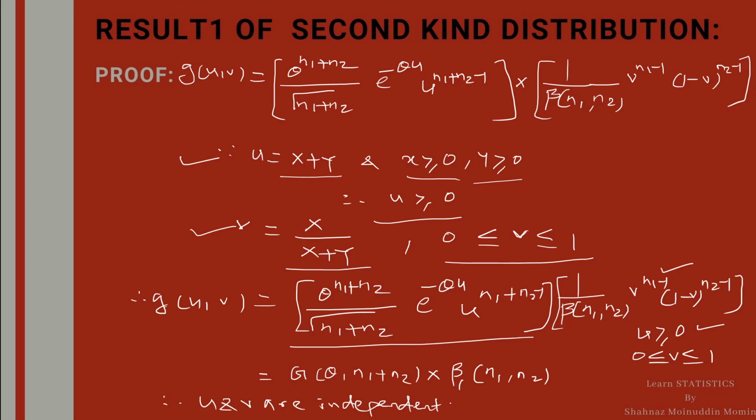In this result, we have proved that x plus y and x upon x plus y are independent when x and y are independent gamma variates with parameters theta and n1, and theta and n2. In this way, we learn the result number 1 of beta second kind distribution.